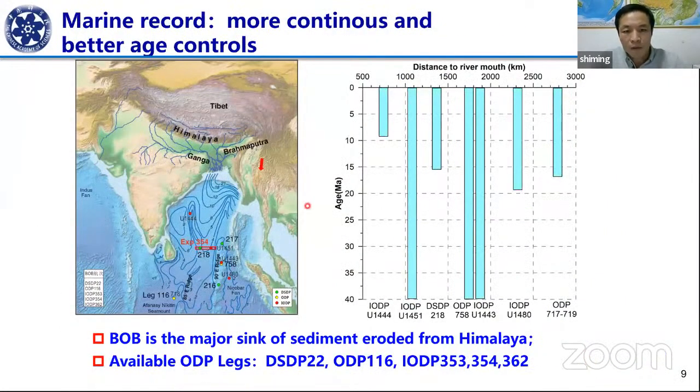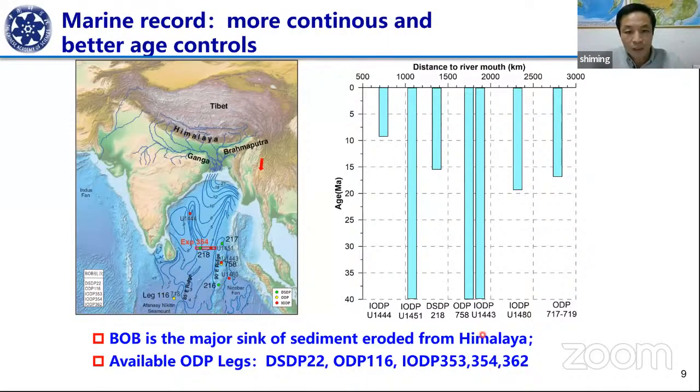So in comparison with continental records, marine sediment is more continuous and has much better age control. As we know, the Bay of Bengal is a major sink of sediment derived from Himalayan erosion. There are many DSDP, ODP, IODP drillings in this region, including DSDP 22, ODP 116, IODP 353, 354, and 362.